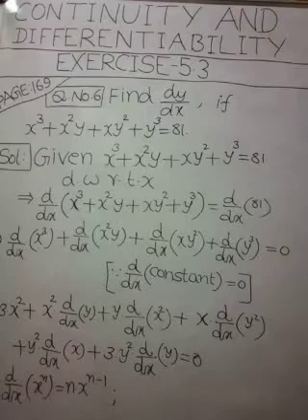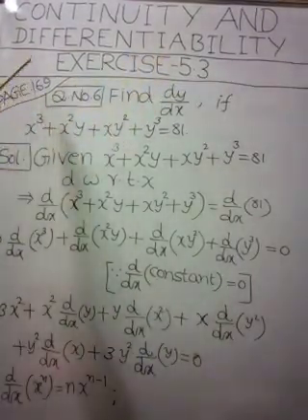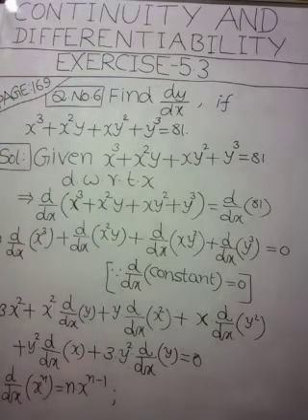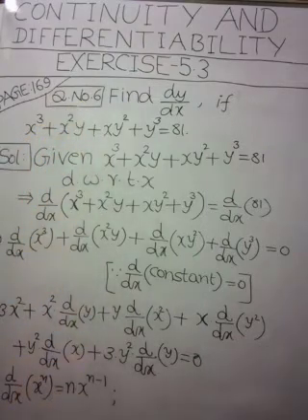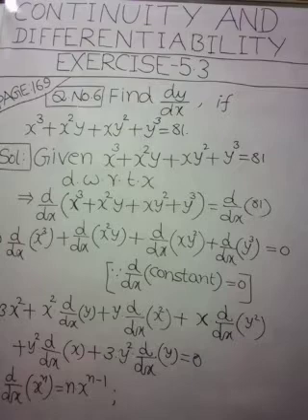Now, in exercise 5.3, page number 169 in the textbook, question number 6. I am explaining question number 6 here because question number 4 and question number 5 are also of the same type.